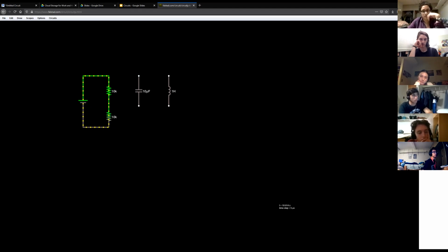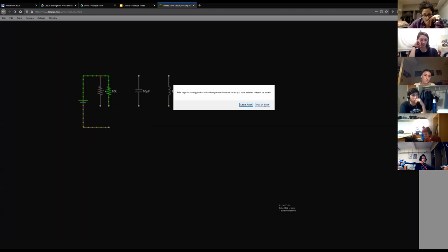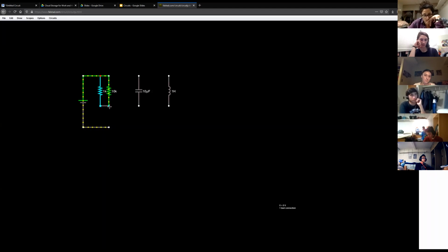Resistors in series add their resistance. Resistors in parallel are going to essentially divide their resistance. So if you have two 10K resistors in parallel, you'll end up with 5K.